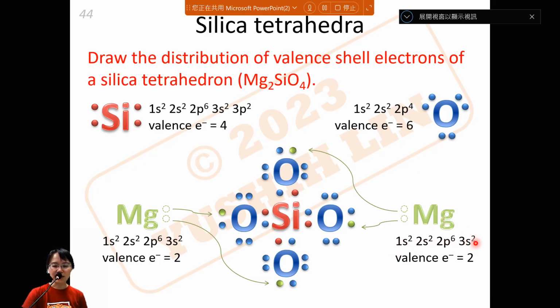If it gives away the 2 electrons from 3s2, it gives away 1 here, and this magnesium gives away 1 here, then the magnesium here will be 2+, and all of them will be octets. And you might think, why should I learn this? Because after knowing that, you will have a better idea for the next figures.